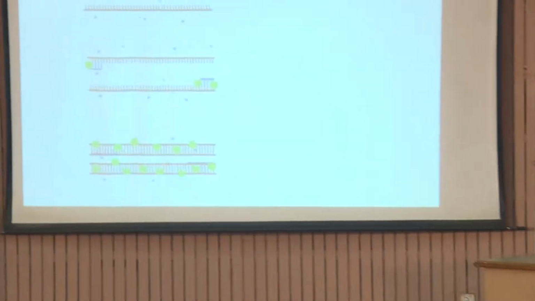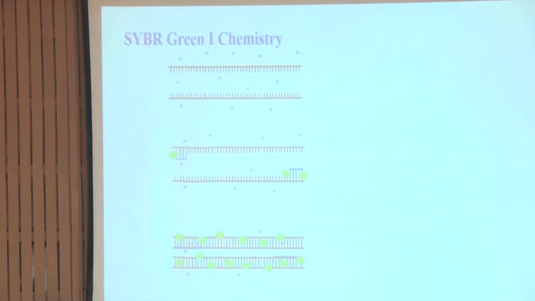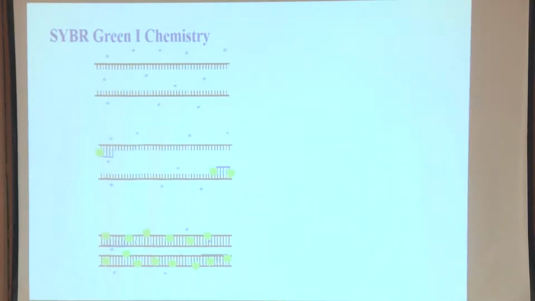So, just recall the mixture of real time PCR chemicals. What did I tell you? You have all components of PCR plus the detector. So, you mix everything. At time 0, what is inside now?